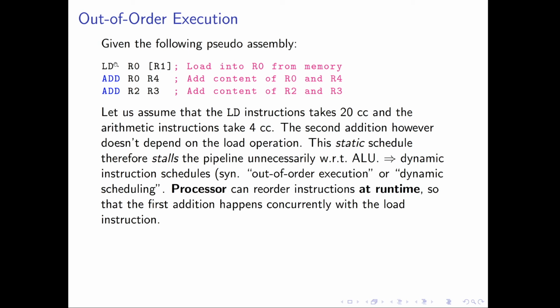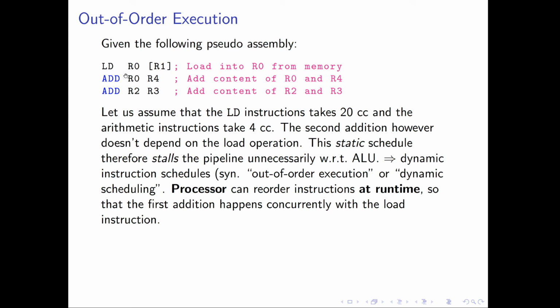Like in the simple example here, we're first loading something from memory to register R0, and then we are performing an addition. Like we already have some other value that was previously written to R4.